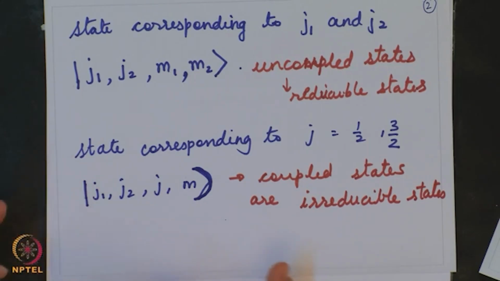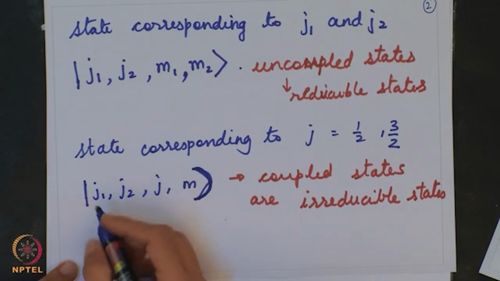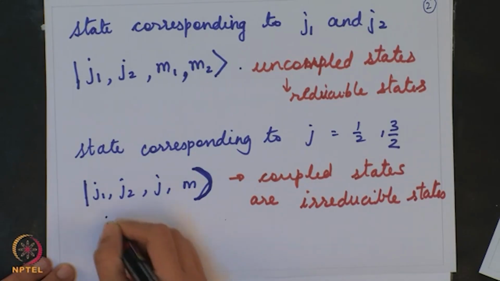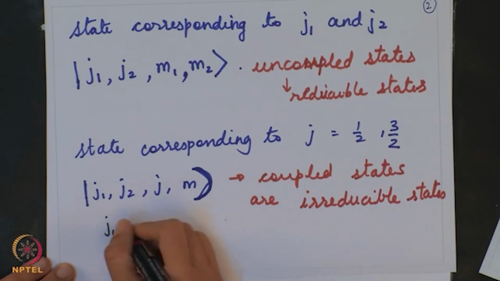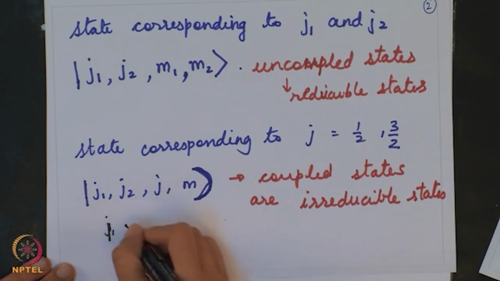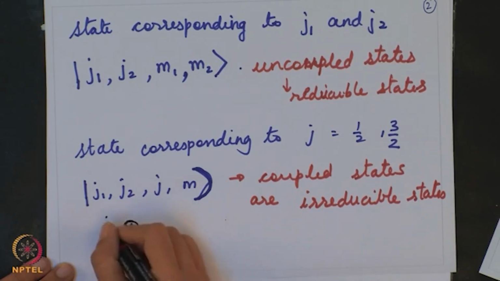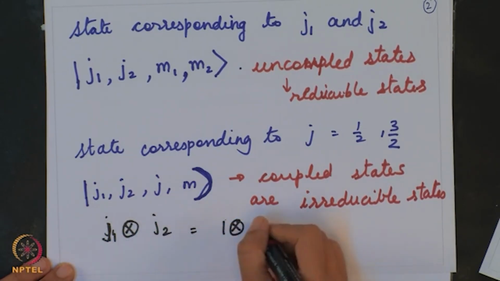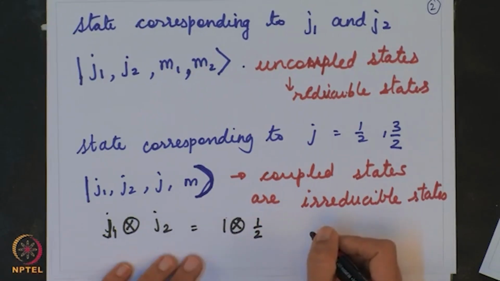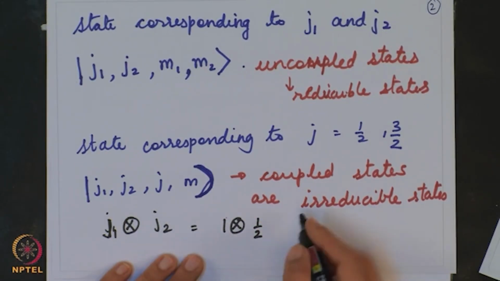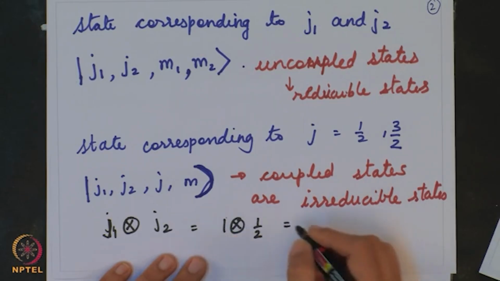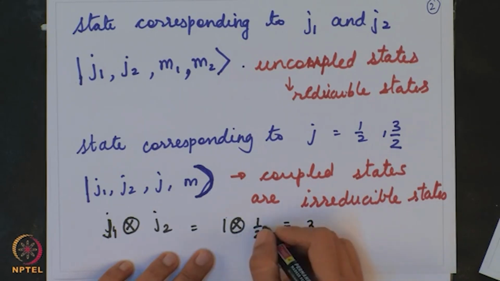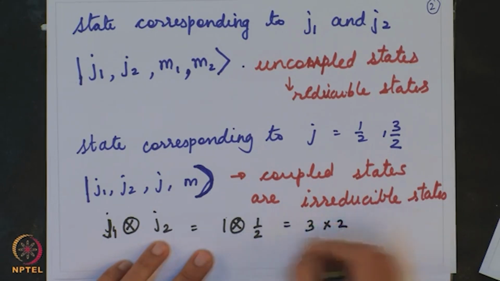Are they dimensionally equal? For J1 cross J2, which is nothing but 1 cross half, the dimension for J1 equal to 1 will be 3, and for J2 equal to half the dimension will be 2.